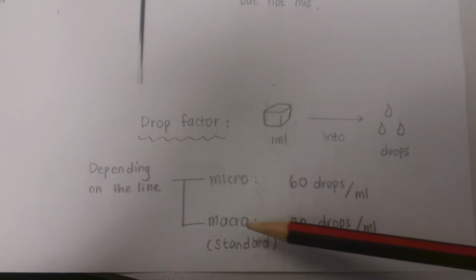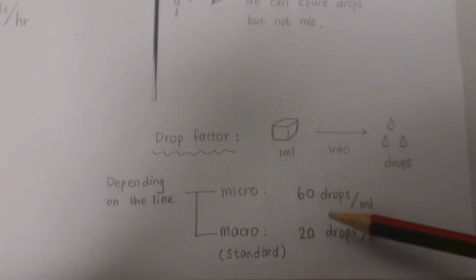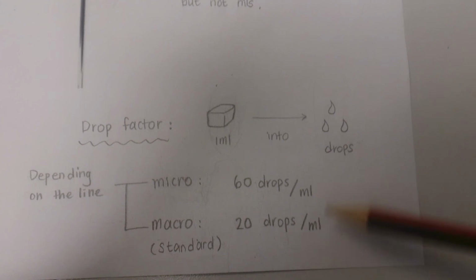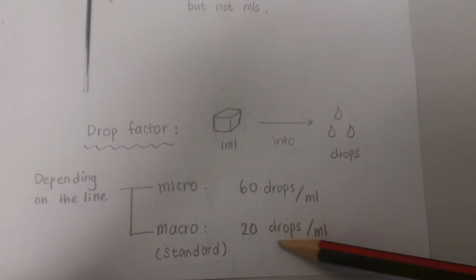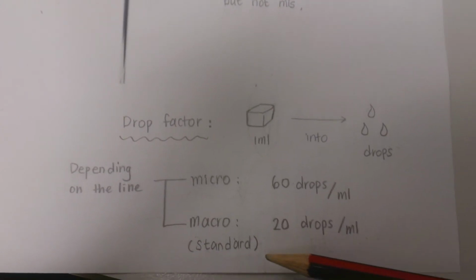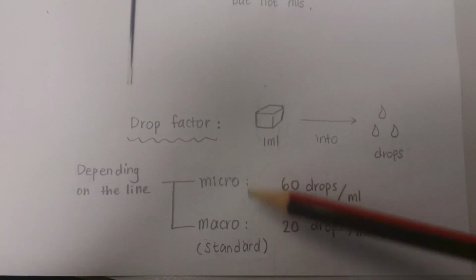Same thing. A macro giving set has a filter that divides 1 mL into 20 drops. So it's got 20 drops per mL, and that's what we call a standard giving set. So in clinical settings, you'll usually only see those two, micro and macro.